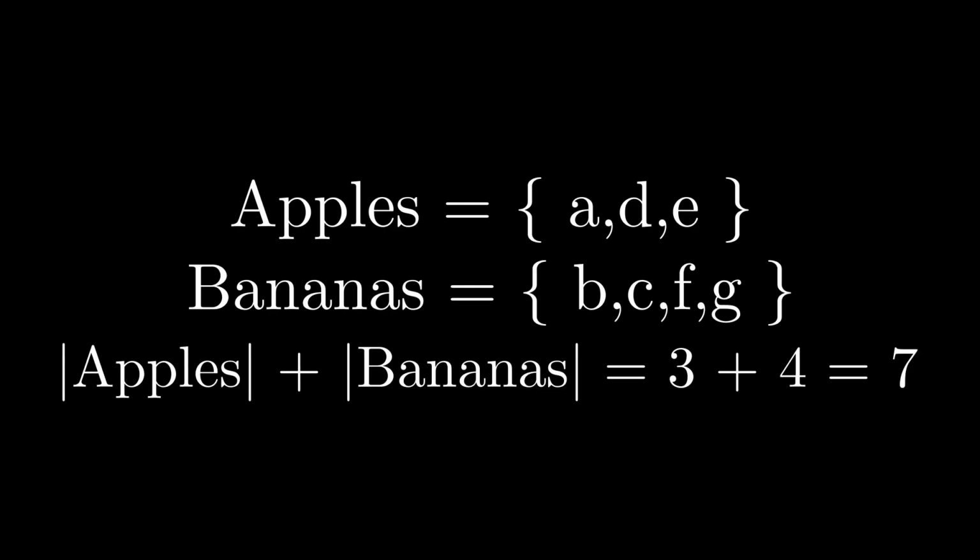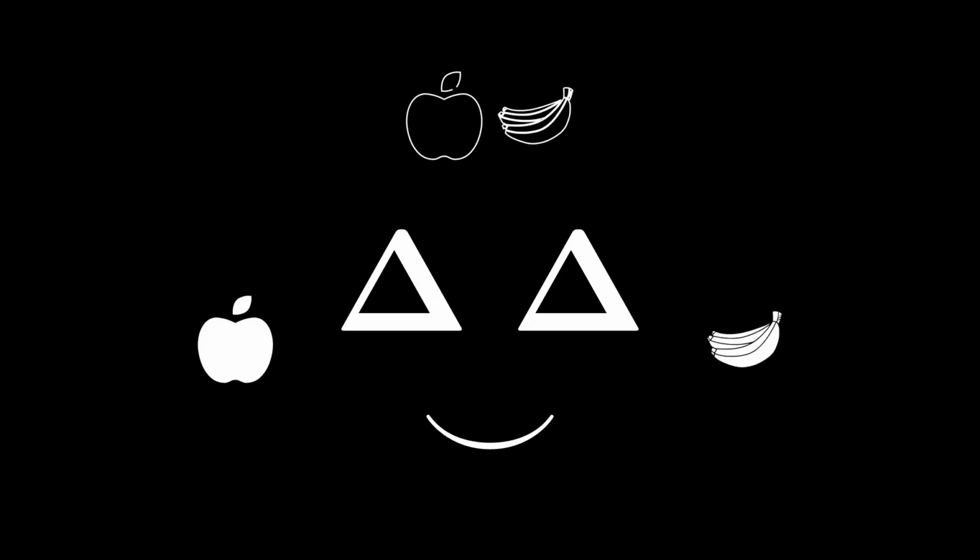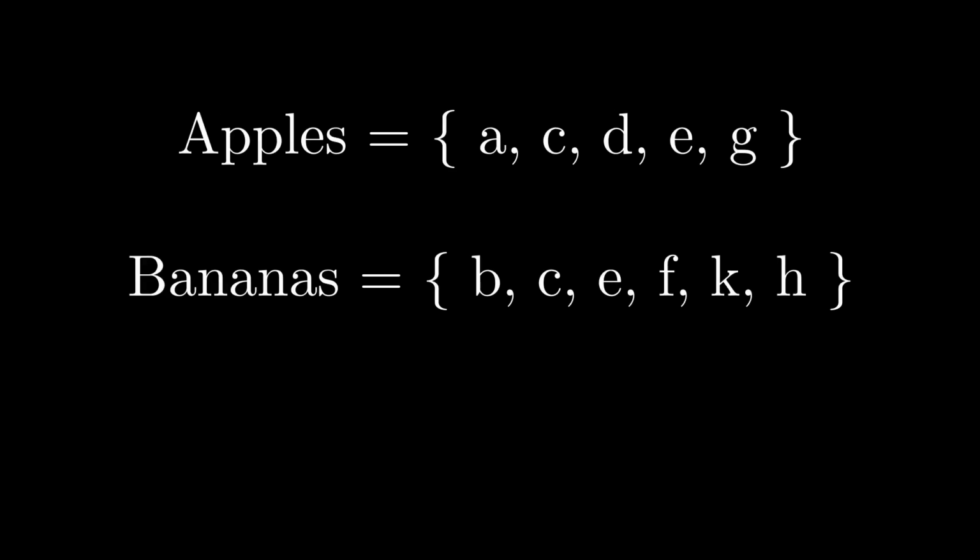Pretty straightforward. Now let's say, instead of asking the people to choose one or the other, we simply ask if they like apples, or bananas, or both. We'll say person A voted for apples and person B voted for bananas, and when we tally up our surveys, we get the apples set and the bananas set.